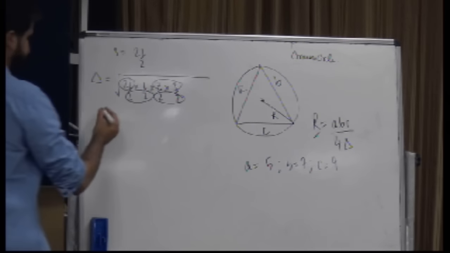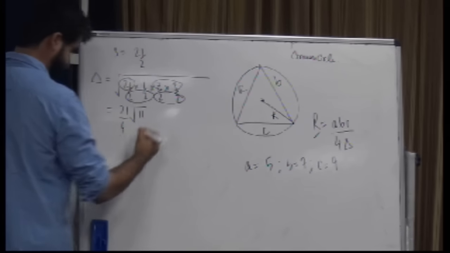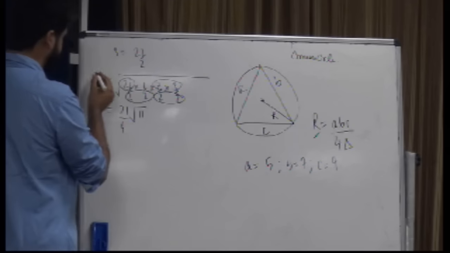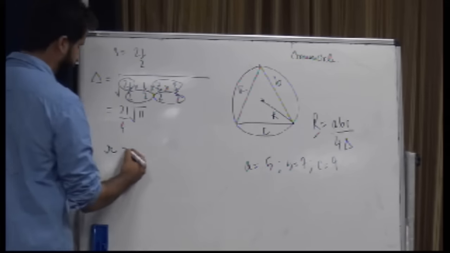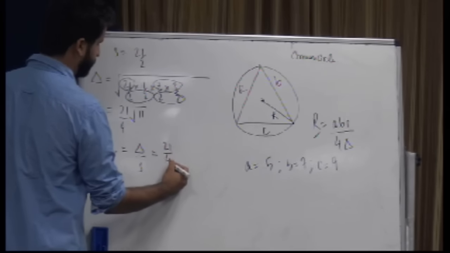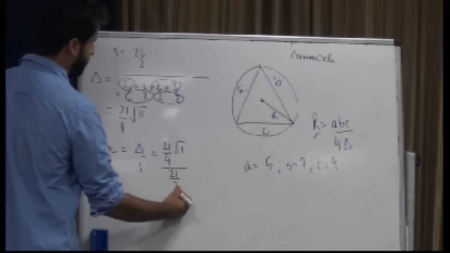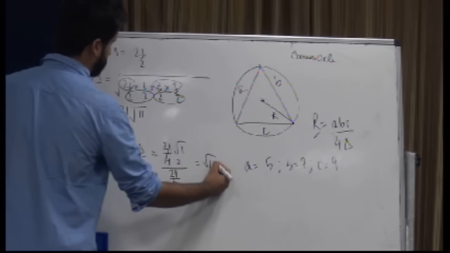So this is 21 by 4 root 11. Okay, so the value of small r will be equal to delta upon s. So 21 by 4 root 11 upon 21 by 2. So the answer is root 11 by 2.